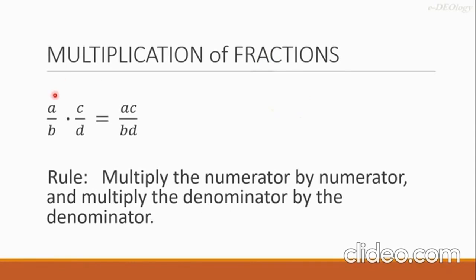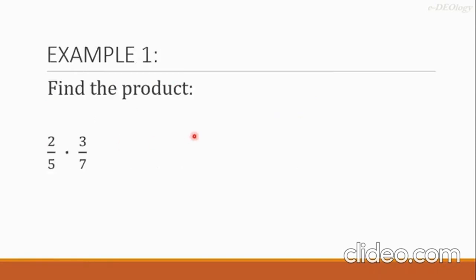In this case, we multiply a to c and we multiply b to d. Let's have example 1. Find the product of 2/5 and 3/7. So we multiply 2 into 3 equals 6. We multiply 5 into 7 equals 35.